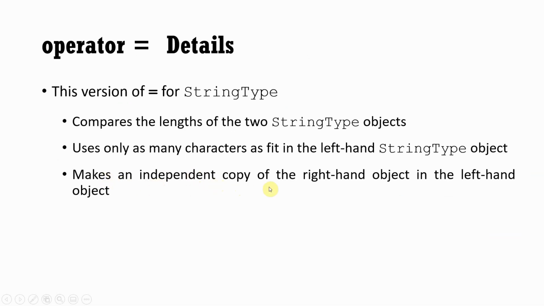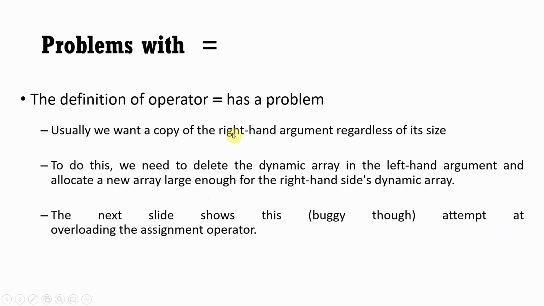So it makes an independent copy of the right hand object because it does deep copy, but it's not good enough. It has a problem. Usually we want the copy of the right hand argument regardless of its size. It shouldn't matter if the original left hand side object had an array smaller or bigger than the right hand side object.